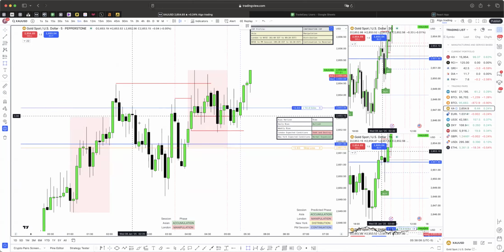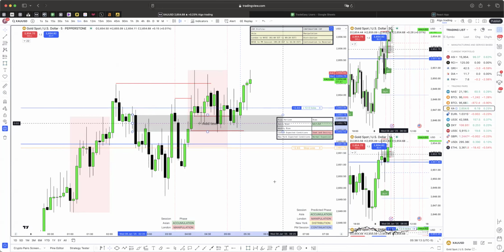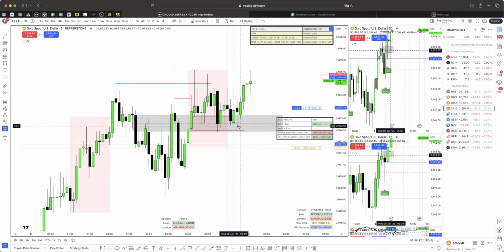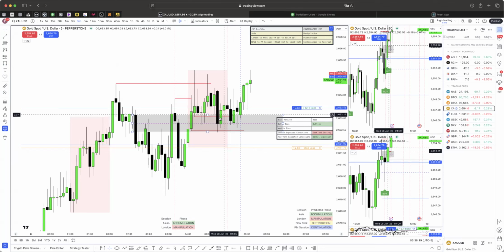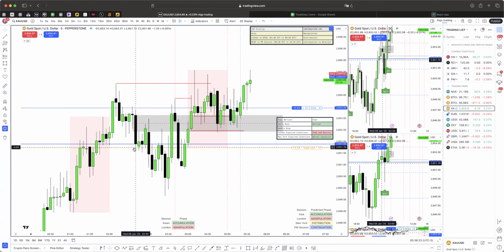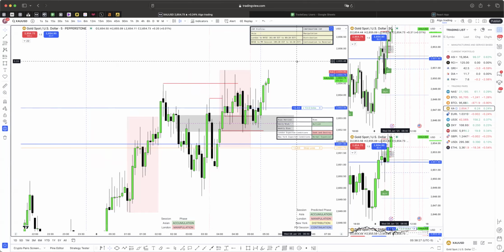That's the first IFVG that formed, right here. See that? That's why I entered a bit late. Actually, no, I entered here, but the spread widened up a bit. But stop loss below the IFVG candle. Within the macro, it works perfectly.